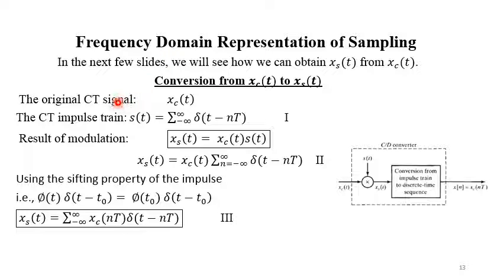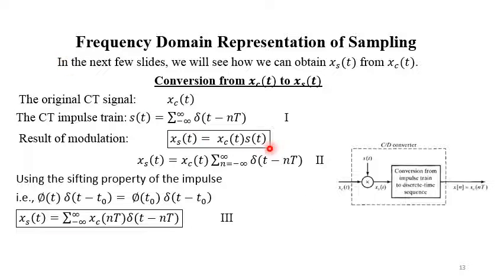Until now we have studied that we have the original signal x_c(t), and we have a continuous impulse train, which we represent mathematically as the summation, n running from minus infinity up to infinity, of the impulse of t minus nT. We multiply the two, and multiplying the two results in x_s(t). Then removing the time domain information, that is t by nT, we get the discrete time signal.